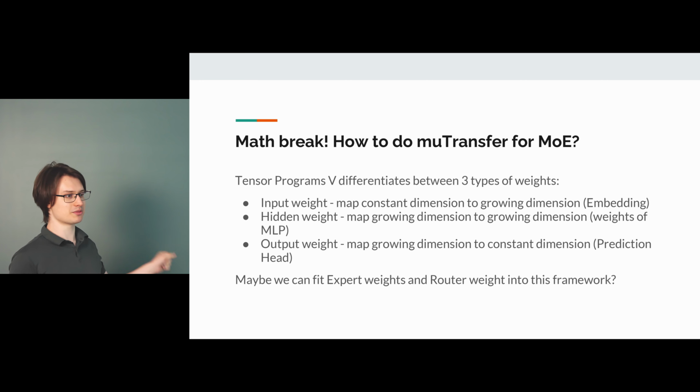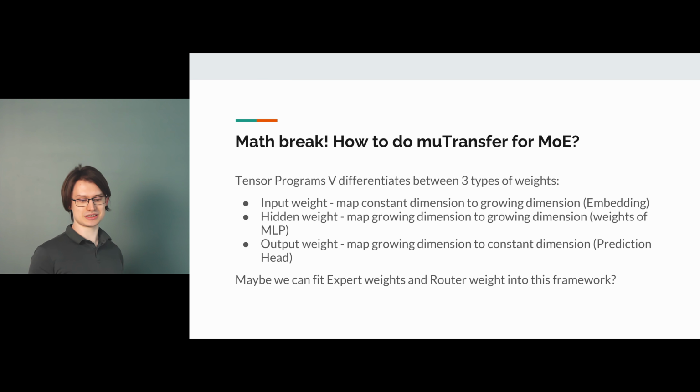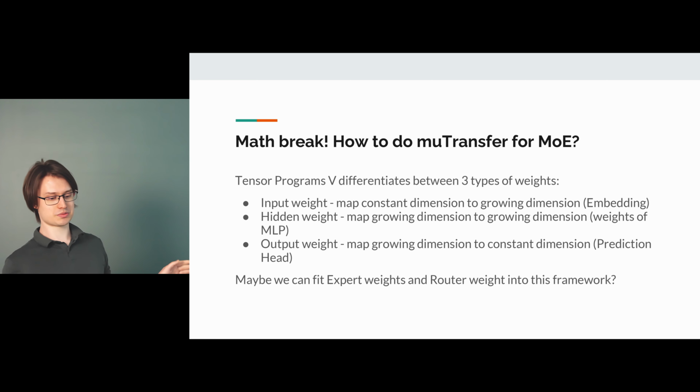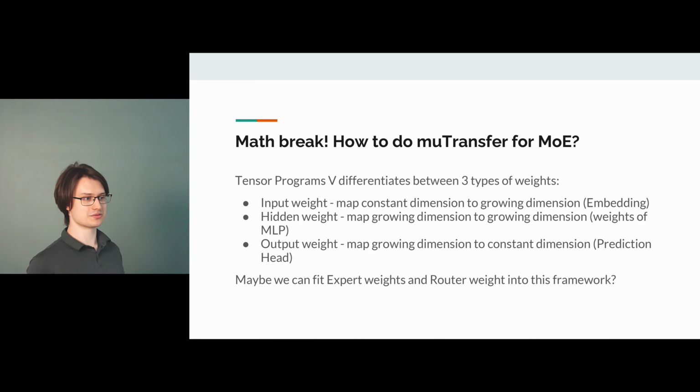This is like the input to the model: we have a constant vocabulary size and a growing model size. Hidden weights map growing to growing, which is kind of like MLPs or experts, at least what we thought. And the output weights map a growing dimension to a constant dimension, so it's like the output, where vocabulary size is constant and again, model size grows.